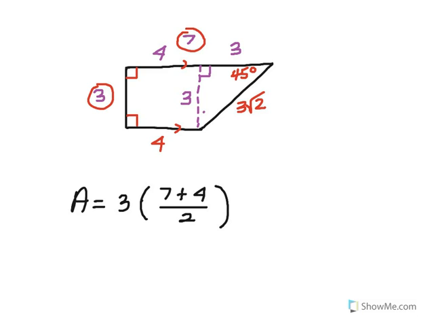The average of those two is 11 halves. So the height of 3 times the median of 11 halves gives us 33 halves, which is 16 and a half. And that would be in some kind of square units. And that's it for the area of trapezoids.